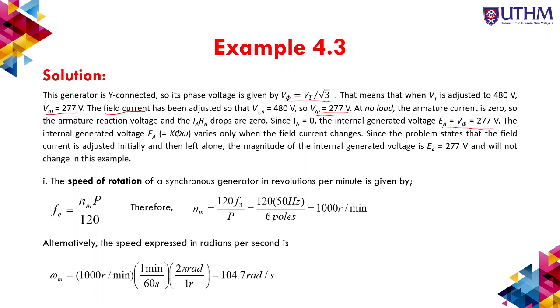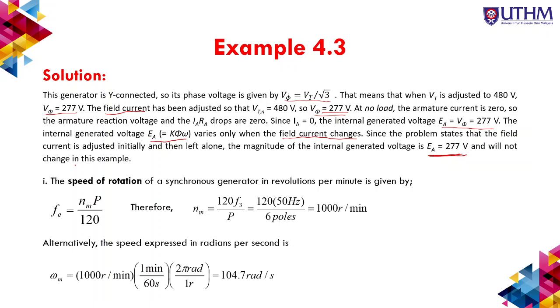This is the equation of EA, which varies only when the field current changes. Since the problem states that the field current is adjusted initially and then left alone, the magnitude of the internal generated voltage EA is fixed and will not change in this example.